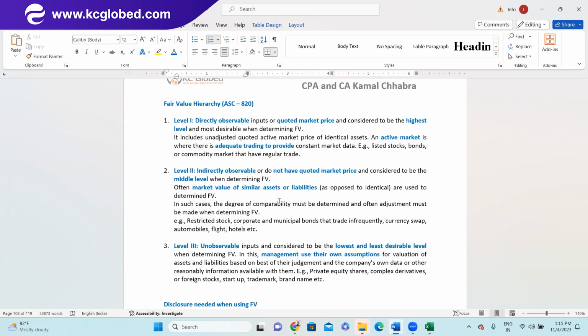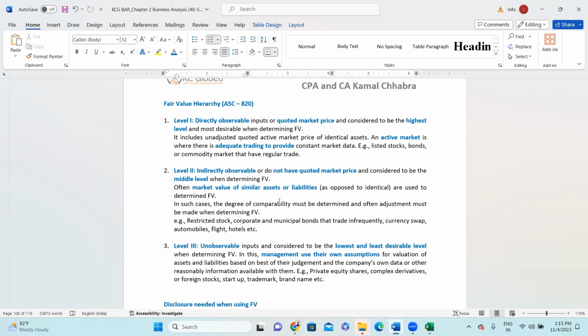If the answer is yes, you will identify the value at the period end or year end when you are auditing on the respective stock exchange, right? Then this is considered as level 1, where you have the highest level of authentic data to validate the fair value of the respective investment.